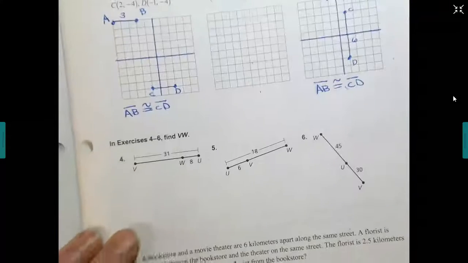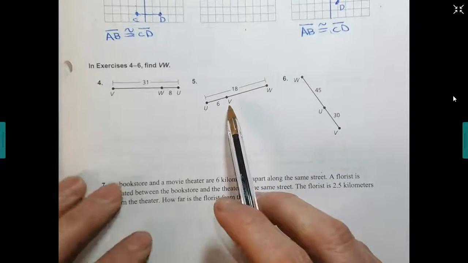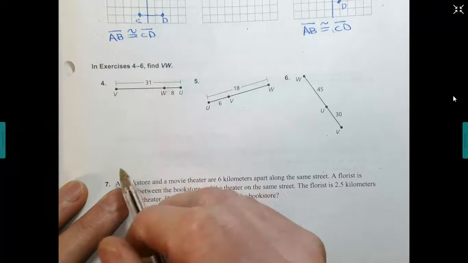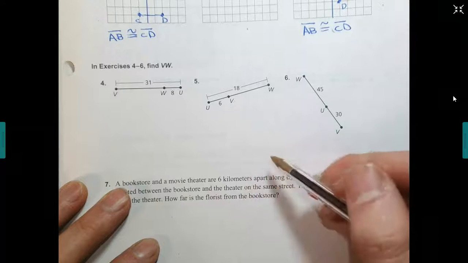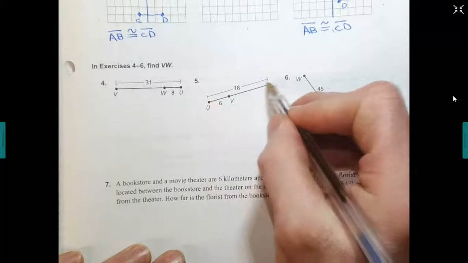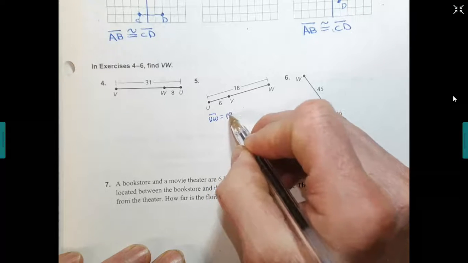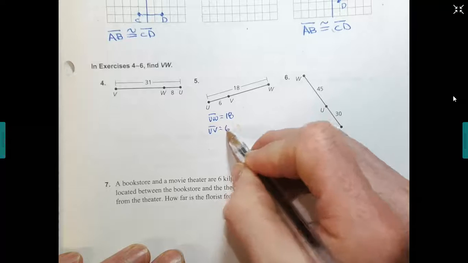All right. Stop the video if you need to. Go ahead and make sure you do number 2. Here's number 3. In exercise 4 through 6, find VW. So I have to find this length right here, VW. So I have this total length, UW equals 18, and then I have UV equals 6.